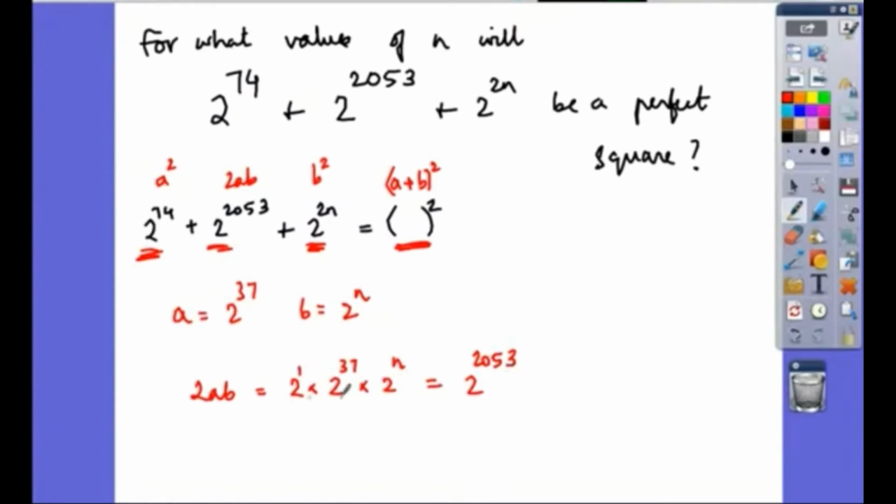Now this 2 is 2 power 1, right? When the bases are equal and they are being multiplied, what happens to the powers? They are added. So 38 plus n is equal to 2053. Okay, and n is equal to what?